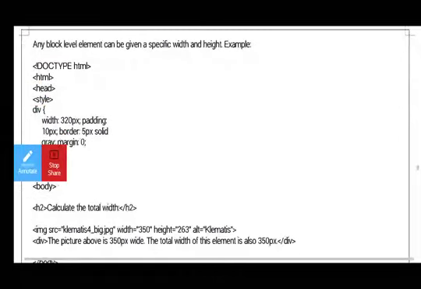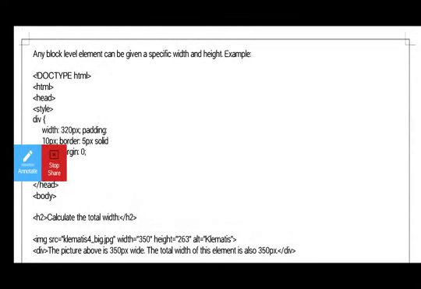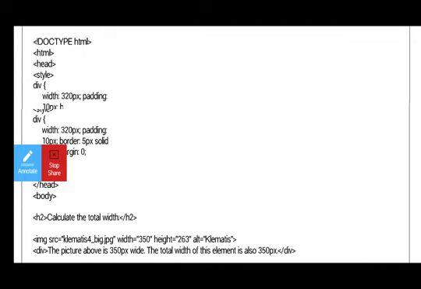We can consider, for the box model, any block level element given a specific width and height. So we declare the document type HTML, then the opening html tag, the head opening tag, and the style opening tag. Here we use the division.